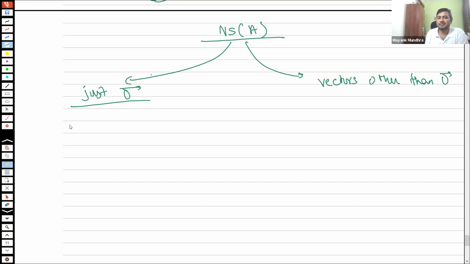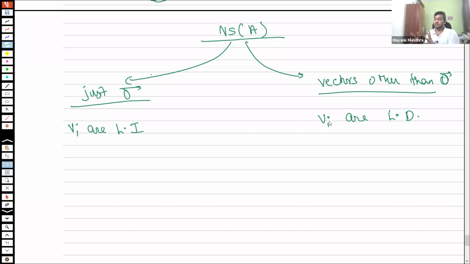It has just the 0 vector in it when the column vectors vi are linearly independent, and it will have vectors other than the 0 vector when the column vectors vi are linearly dependent. So there's a very nice relationship between linear independence and null space. If the column vectors are linearly independent, then the null space will have just the 0 vector. But if they are linearly dependent, then the null space becomes something larger than the zero vector.